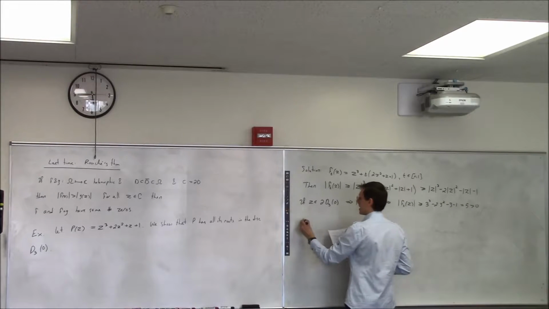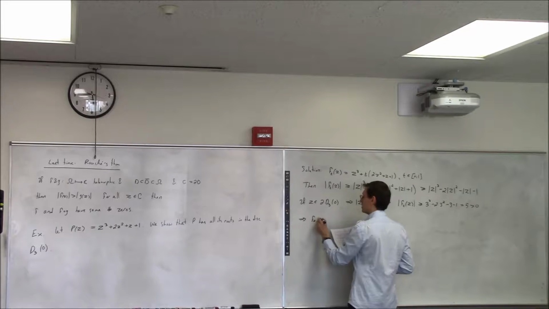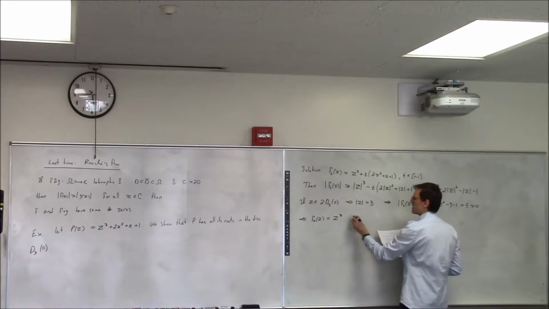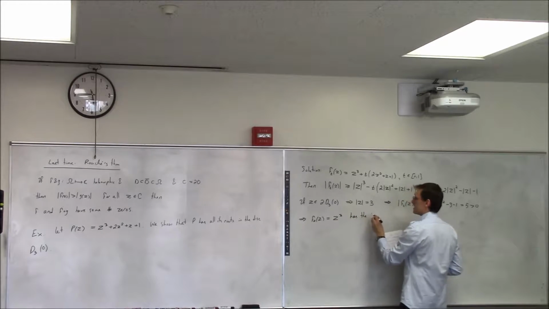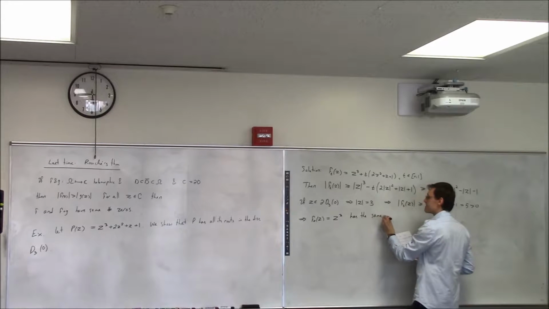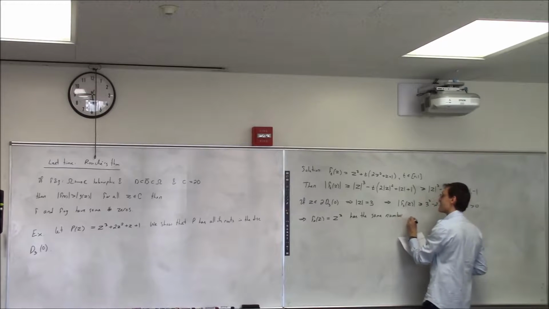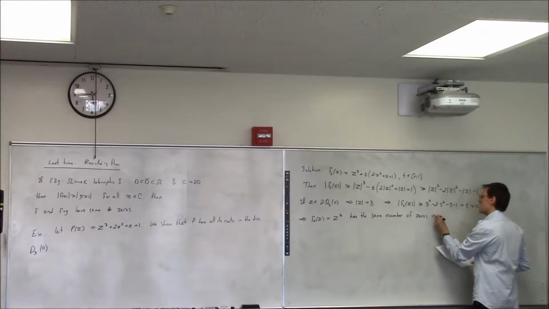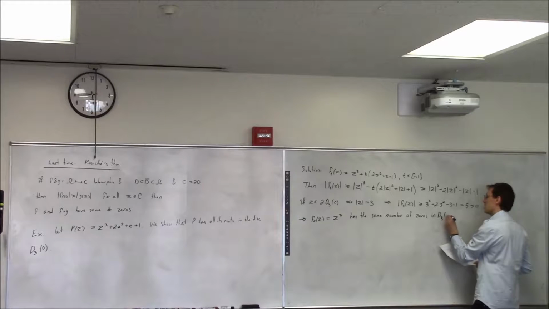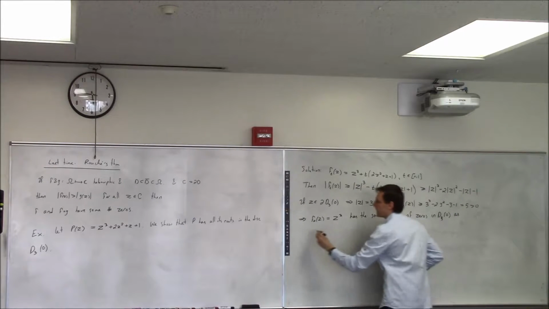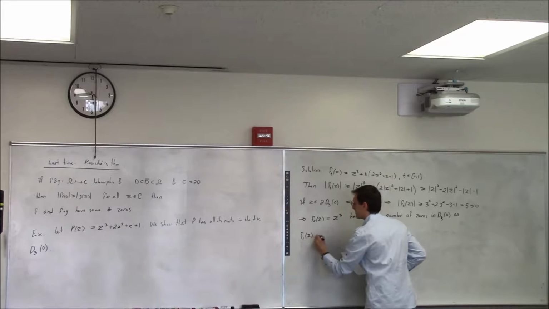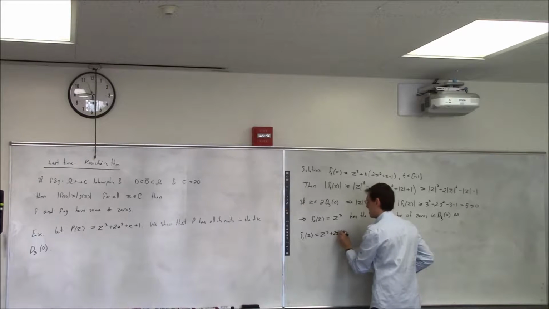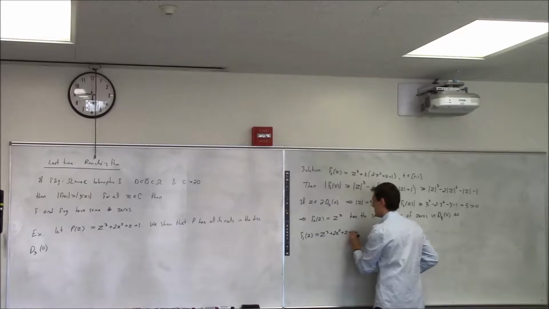So the consequence is that f_0(z), which is just simply z cubed, has the same number of zeros in D3(0) as f_1(z), which is z cubed plus 2z squared plus z plus 1.